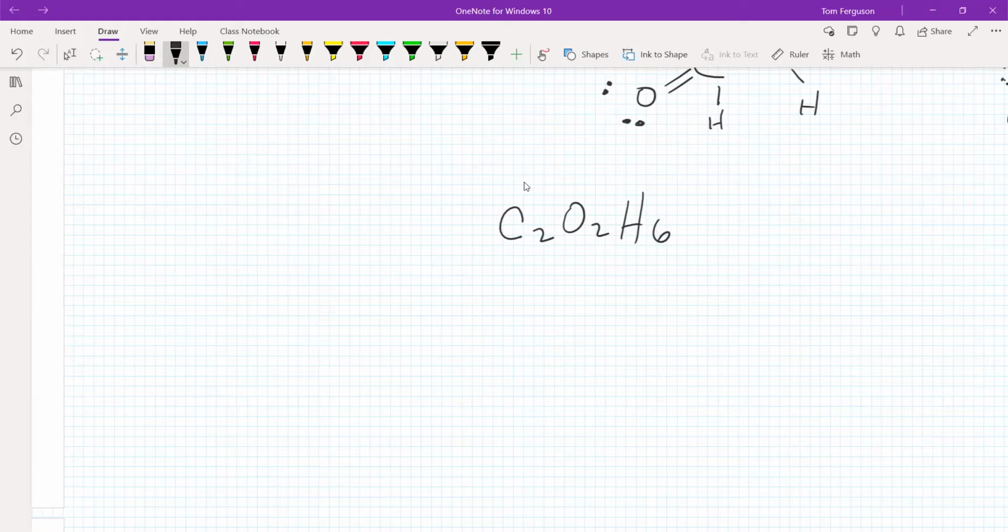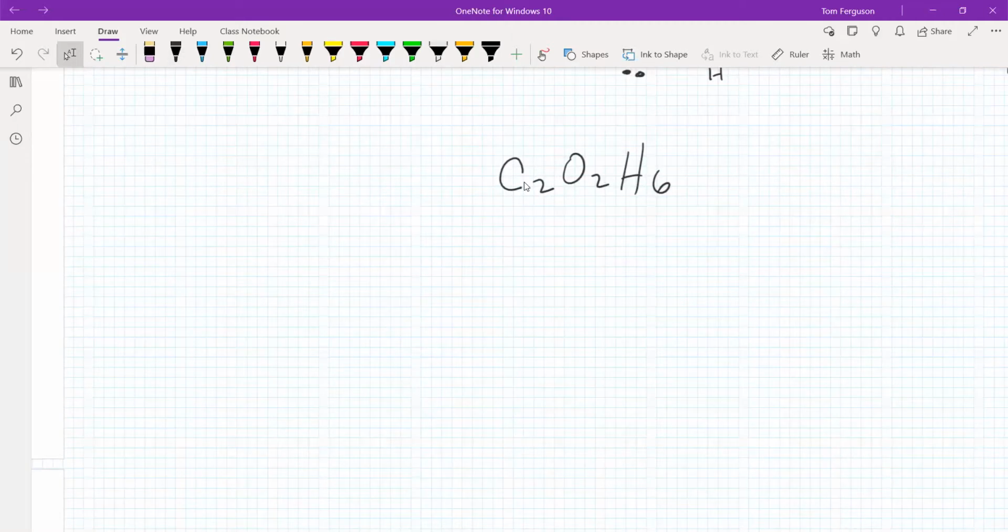Okay, so we have carbons, oxygens, hydrogens. Which is the most versatile, or which one has the most singletons? Carbon. Put those in the center to start with. The hydrogens are going to go on the outside.